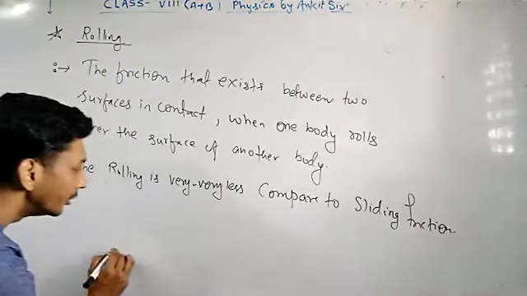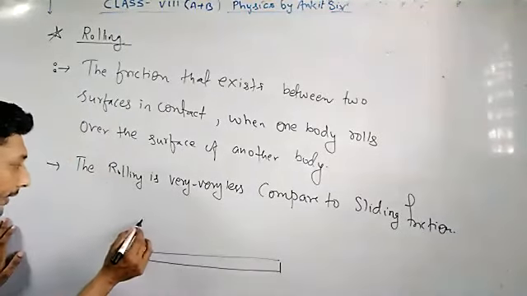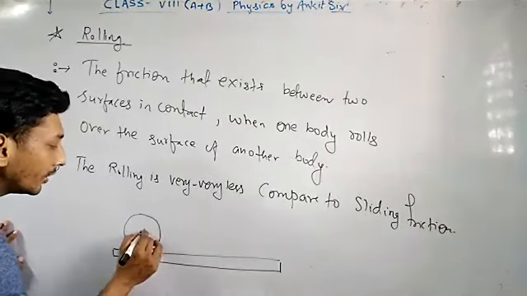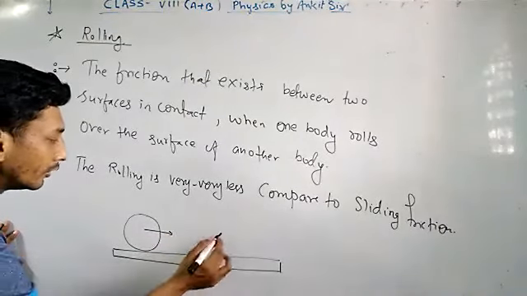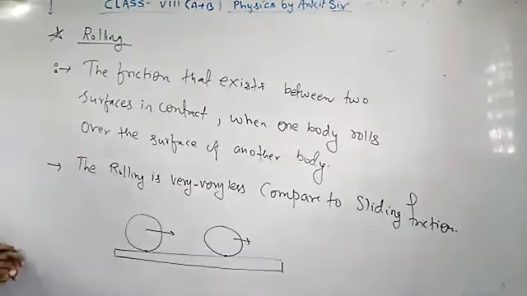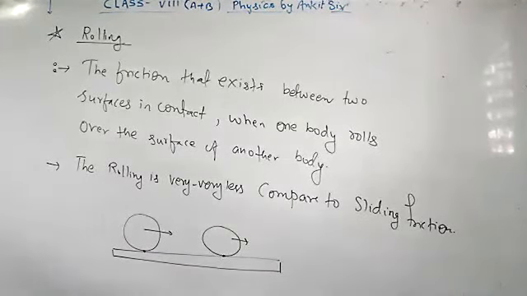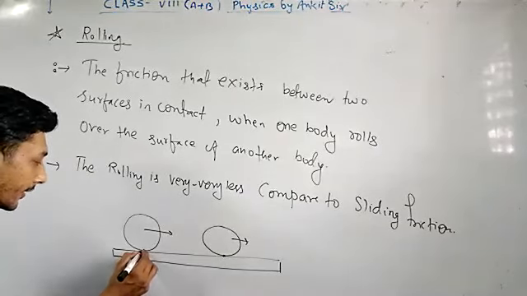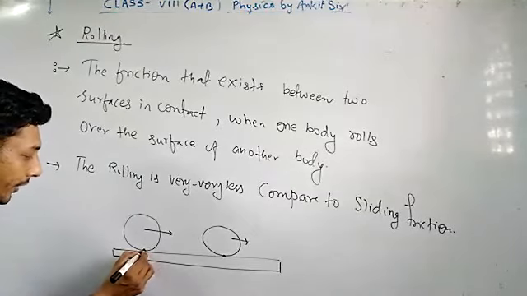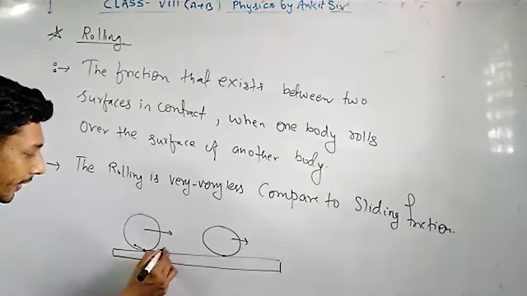Okay? Look, if there is a flat surface and if there is a circular body, when the circular body rolls over the surface of the other body, then this friction is called rolling friction. Look here, if point of contact is moving this way, then friction is this direction.